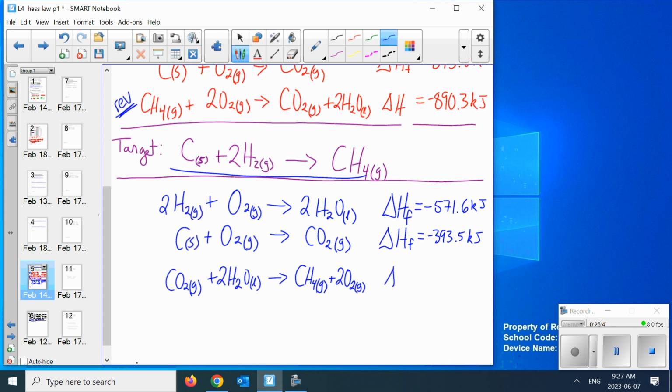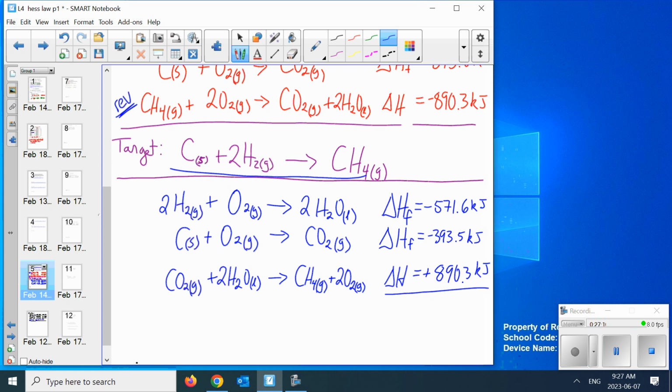The delta H, I'm still putting in the F there, a mistake. It's going to be equal to, well, I flipped the sign when I flipped the equation. It's now positive 890.3 kilojoule. I'm going to put like an arithmetic adding line underneath that.